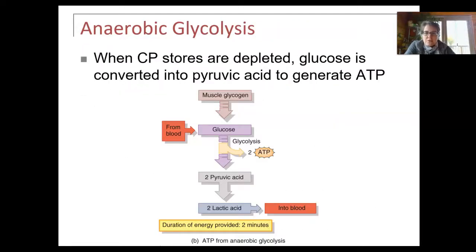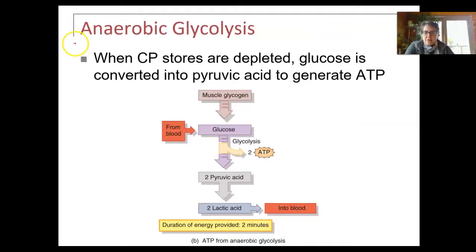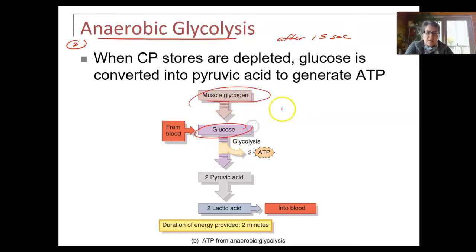So the next source is anaerobic glycolysis. After 15 seconds, you're going to start using glucose available in the muscle cell or from the blood, with no oxygen present.